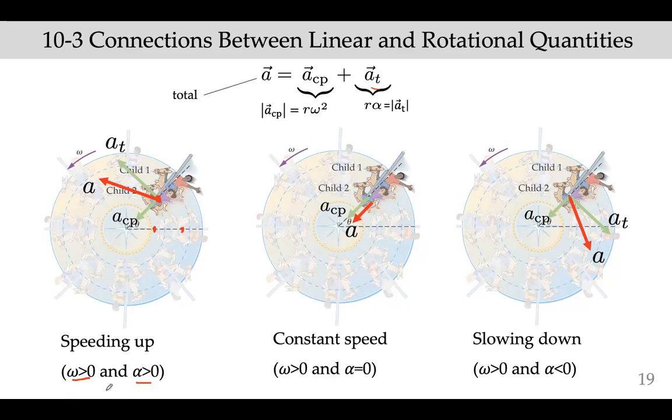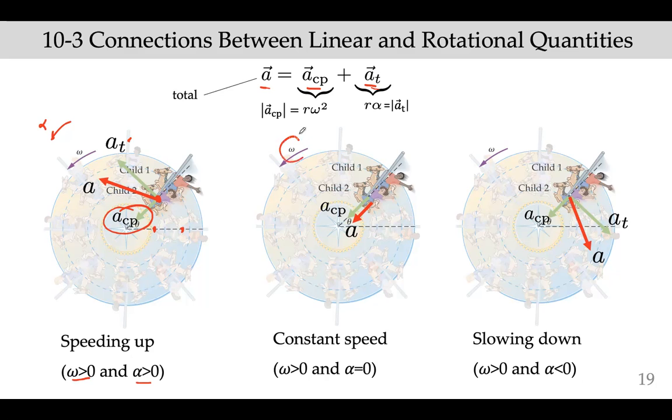And if the angular acceleration is also counterclockwise, then we would have tangential acceleration in this direction because it's speeding up, and so the angular speed is increasing. And we always have the centripetal acceleration towards the center. So if you sum these two accelerations vectorially, the total will be in this direction.